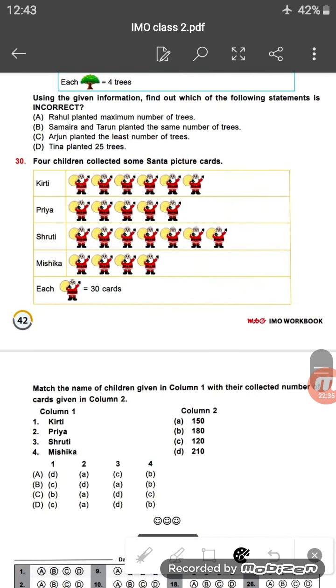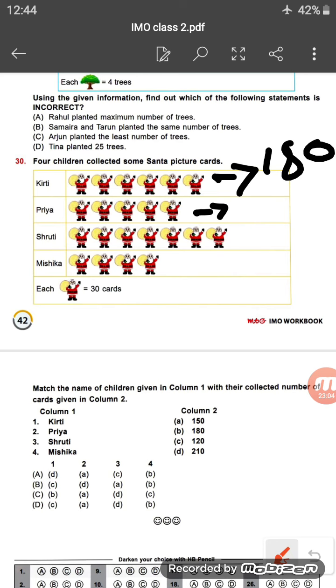Now, children collected some picture cards: Kirti, Priya, Shruti, and Mishika, and each picture stands for 30 cards. So the number of cards Kirti collected: if one picture stands for 30, Kirti has collected 180.